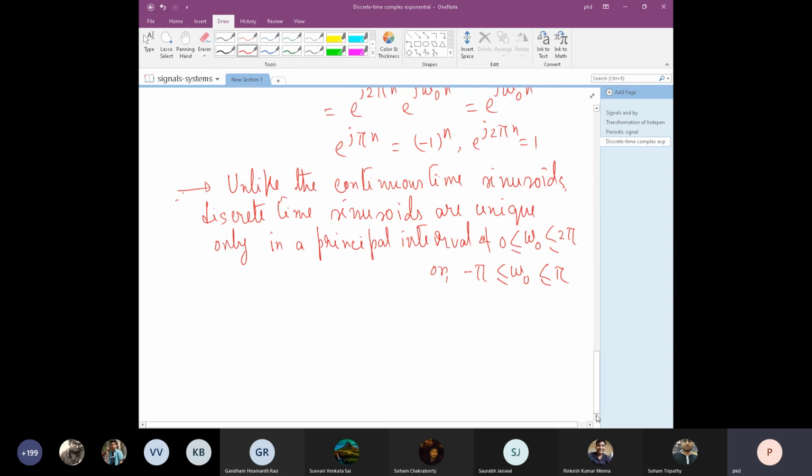This interval in the digital domain is known as the principal interval, and we shall see later that all the discrete time transforms will be unique only in the principal interval.